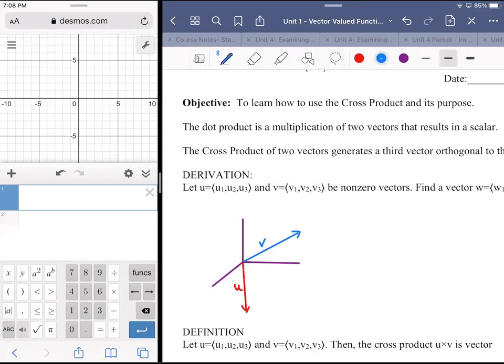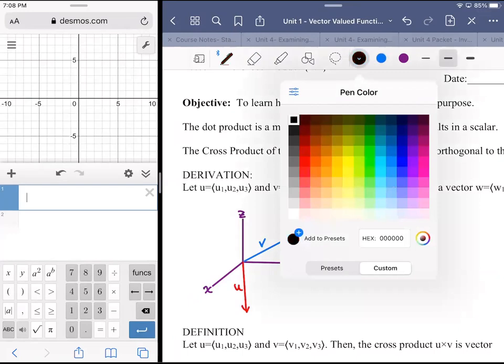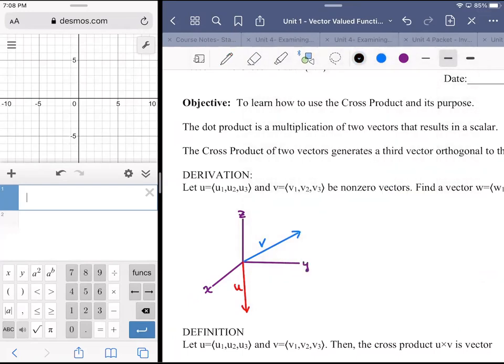All right. So I've got my x, my y, and my z. What we're saying here is that there's a third vector that we're going to call vector w that's orthogonal to these two. So it's just a question of what it would look like. It's going to come somewhat out of the page. So I'm just going to eyeball it here and say that this is my vector w.